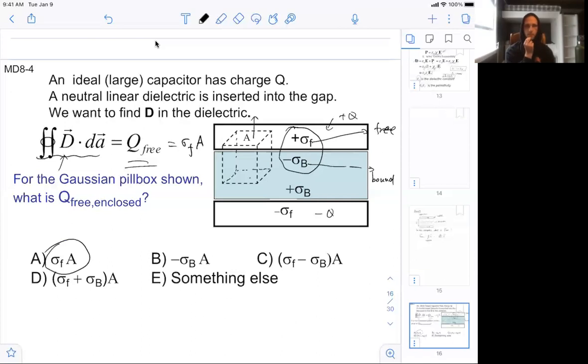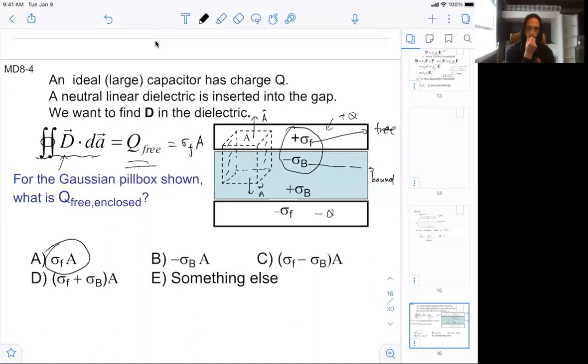You have your top surface, your bottom surface, and this is your little area vector. D is up and down, perpendicular, going in the same direction as your top and bottom surface normals. So only two surfaces matter. You don't have to worry about the side surfaces, the front and the back. Just the top and the bottom.